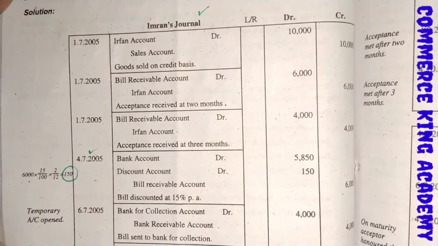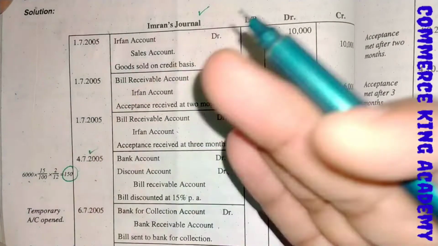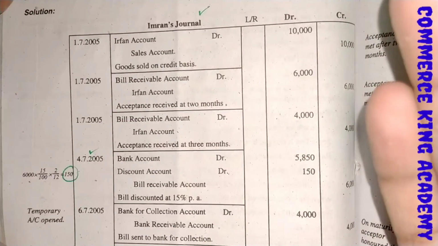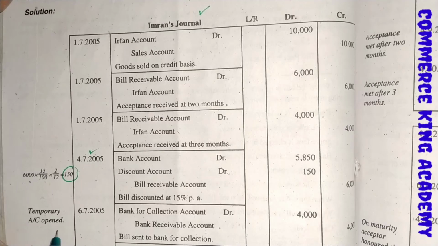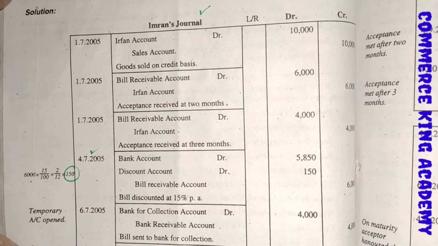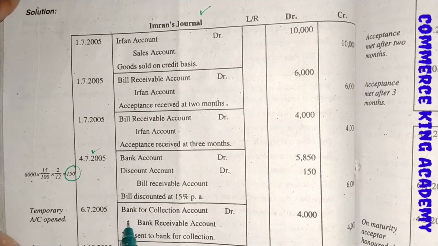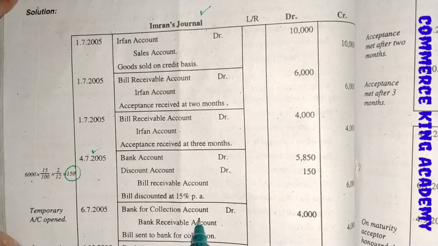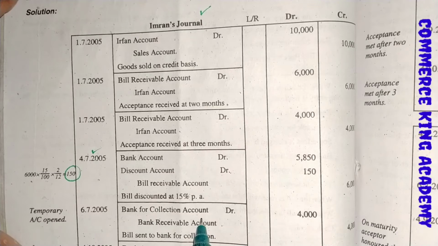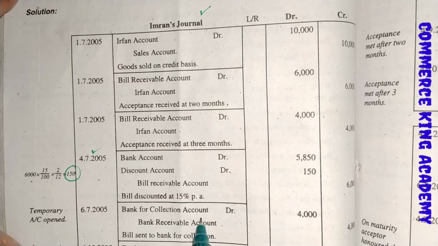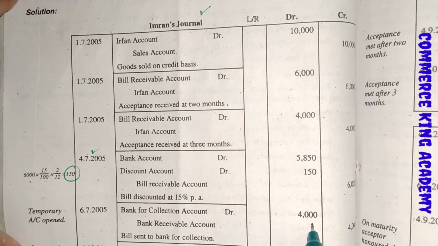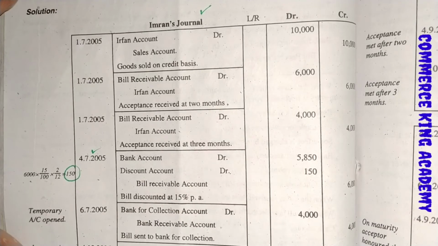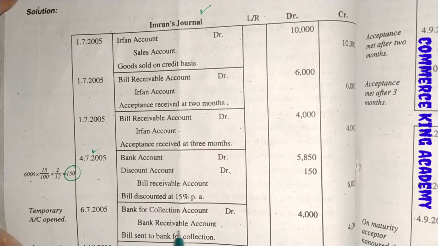So when a bill is sent to the bank for collection purposes, an account is made on a temporary basis, a temporary account opened by Mr. Imran. In this case, the bank for collection account will be debited, because it will be an asset for Mr. Imran, with 4,000 rupees, and there is a decrease in another asset, which is bills receivable account.